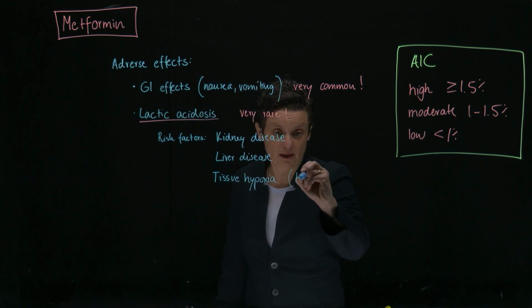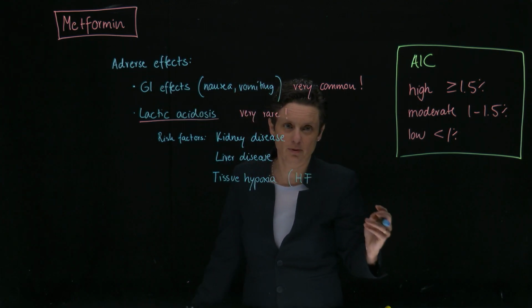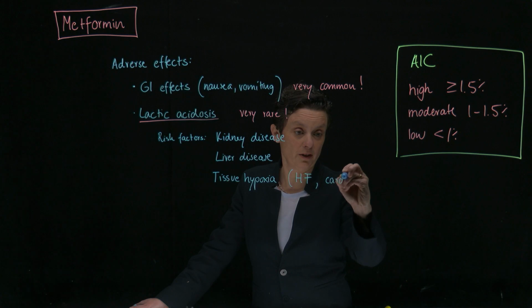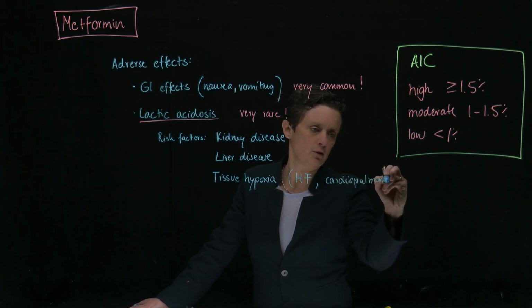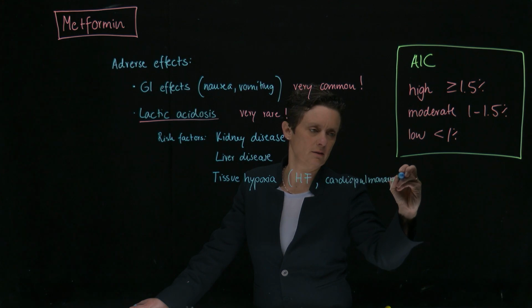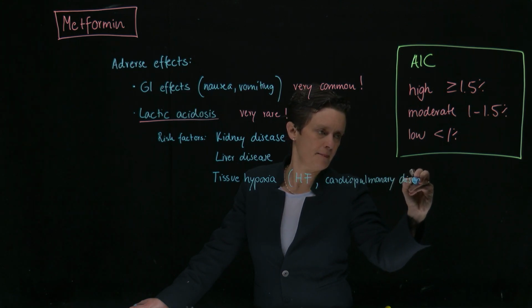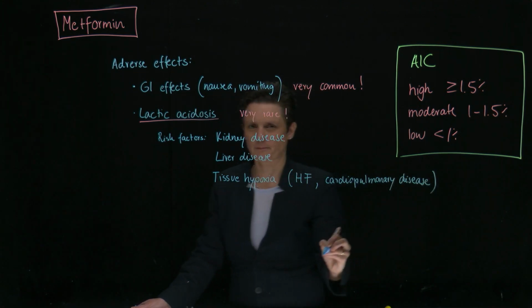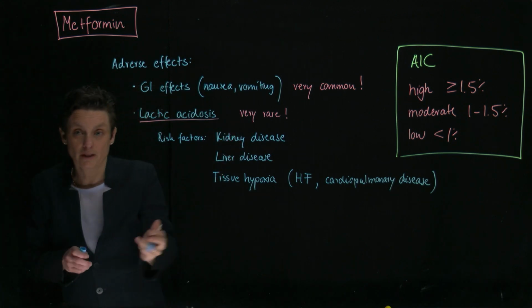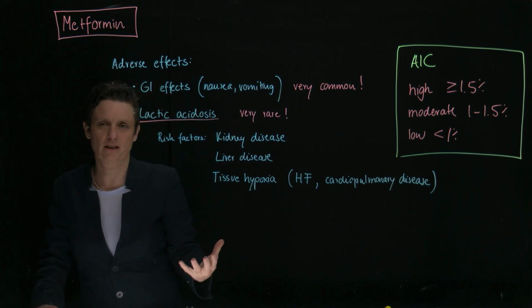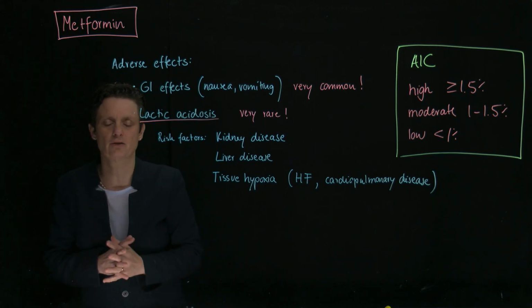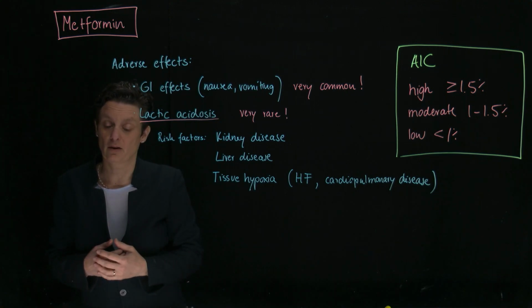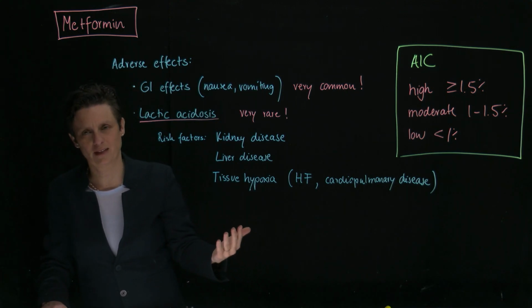Like heart failure, patients with any other cardiopulmonary disease which leads to low oxygen. So these are all risk factors, and if you start someone on metformin, you should check for these risk factors, just to be aware of the increased risk of lactic acidosis.